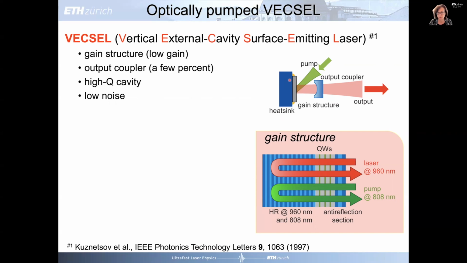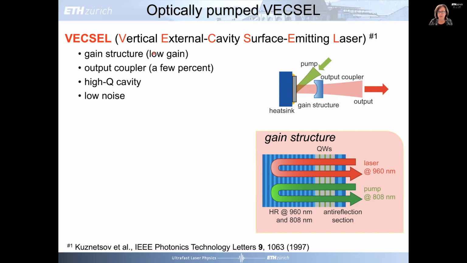The laser cavity is formed by this semiconductor chip and an external cavity. The chip is on the order of 10 micrometers, whereas the external cavity is in centimeters. This is called a vertical external cavity surface emitting laser.